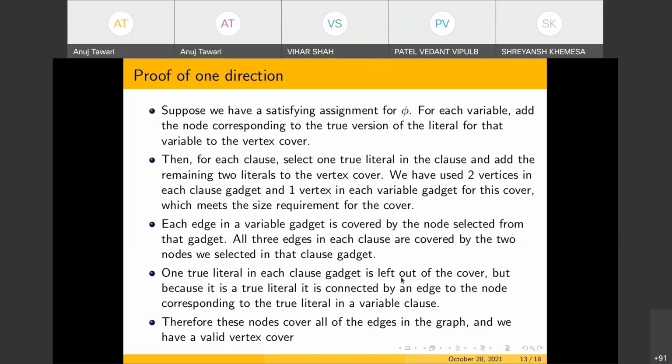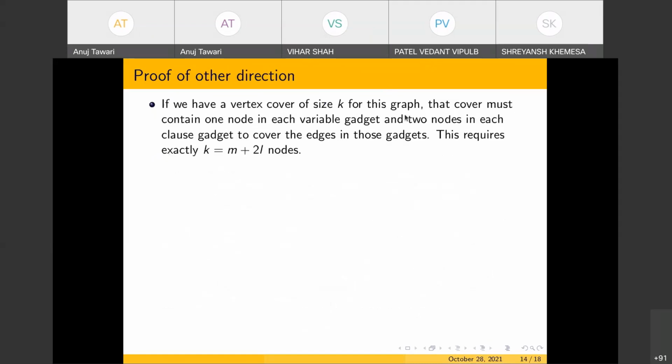Now the other direction which we want is that if I can find a vertex cover in that graph, then I can also get a satisfying assignment for phi. So if I have a vertex cover of size k for this graph, then what should I have?